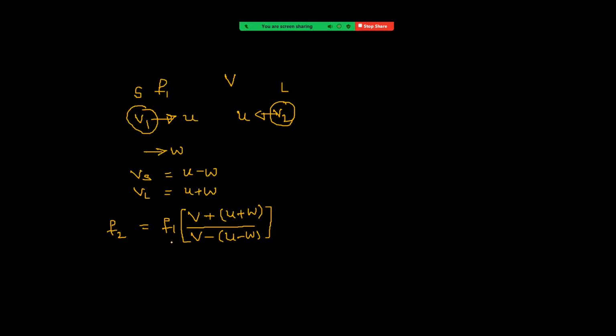Now see, is it greater than f1 or less than f1? The numerator is v plus u plus w, but the denominator is v minus u plus w, that is v plus w minus u. That means the denominator is now less, and so this ratio is greater than 1.